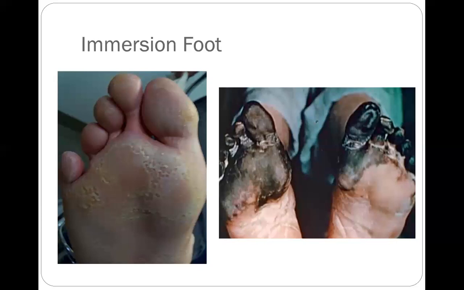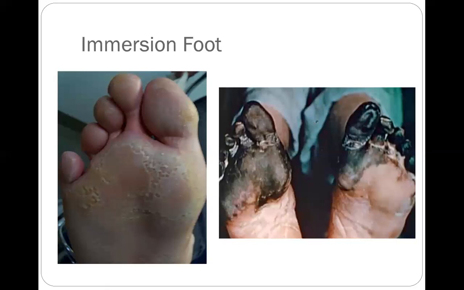And the best way to provide prevention for immersion foot or trench foot is to make sure that your feet can have at least 8 hours of dry time a day. So what does that mean? That means that if you are out hiking or doing water activities or whatever the case is, and your feet and your socks get wet, leave those wet socks and shoes on.